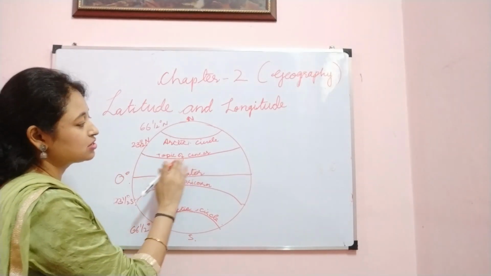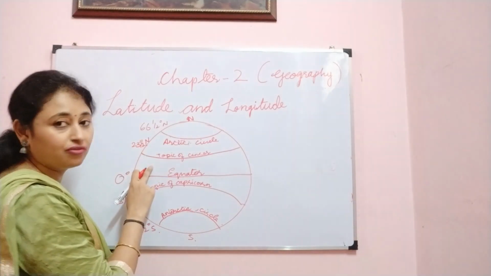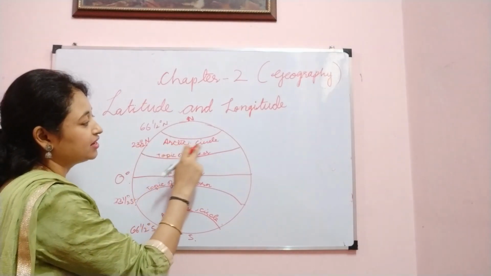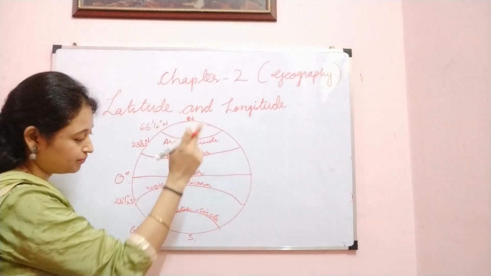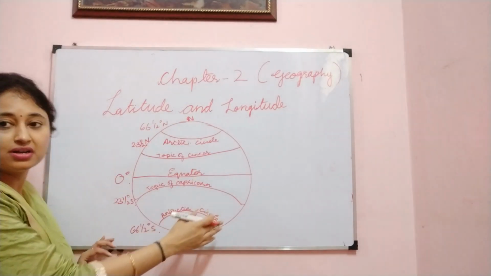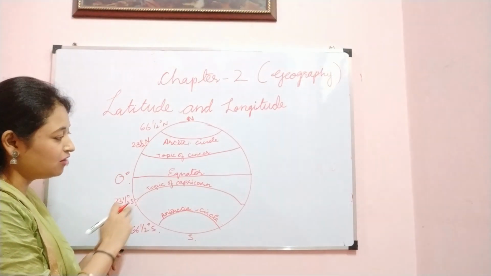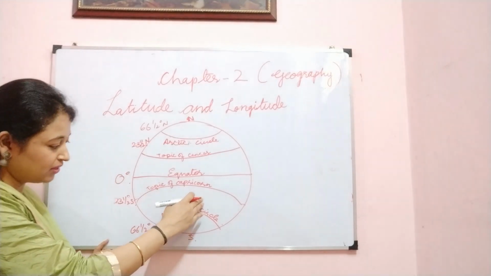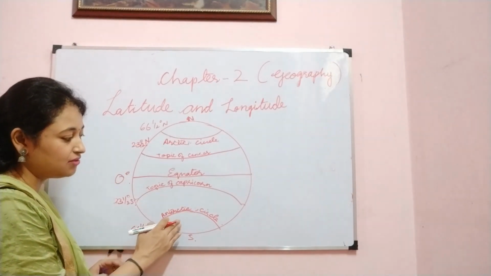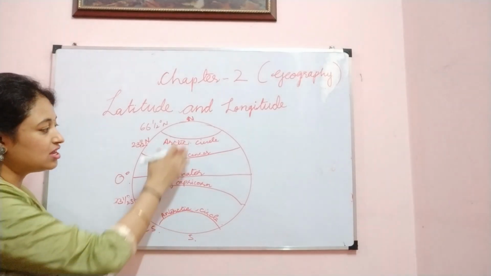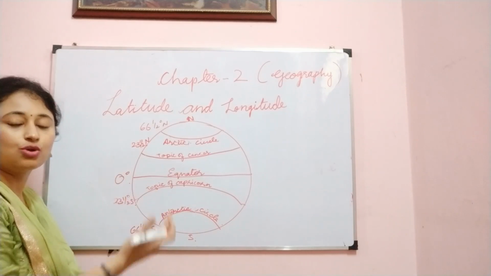Apart from this is the Tropic of Cancer, which is located at 23 and a half degrees north. The Arctic Circle is at 66 and a half degrees north, and similarly towards the southern hemisphere we have the Tropic of Capricorn at 23 and a half degrees south, and at 66 and a half degrees south we have the Antarctic Circle. So these are lines which are equally important as the equator.